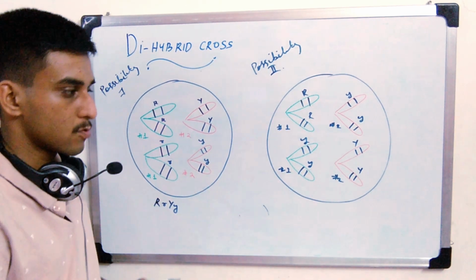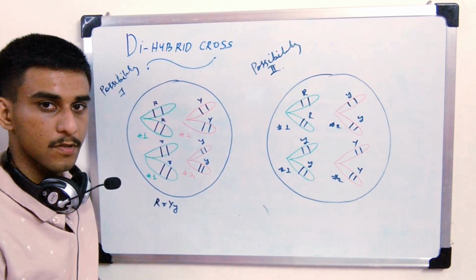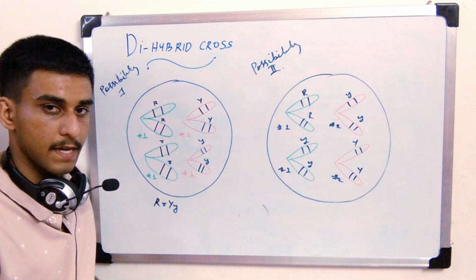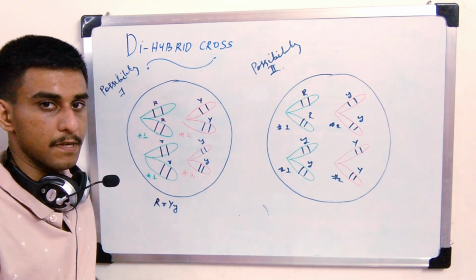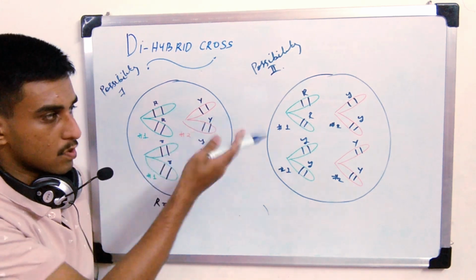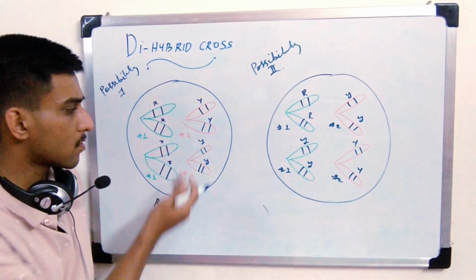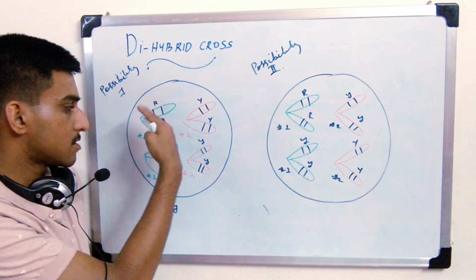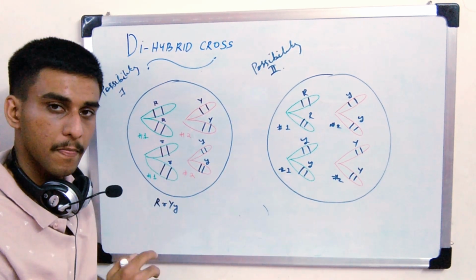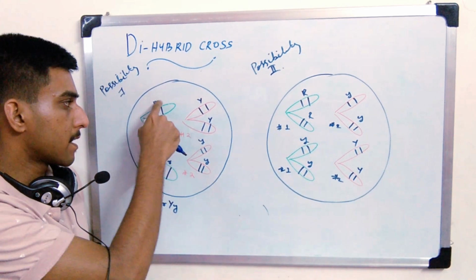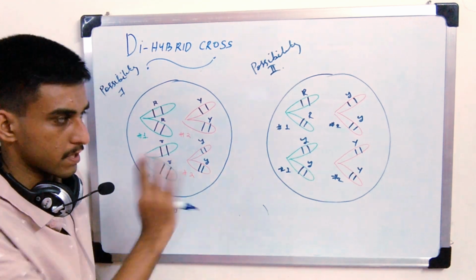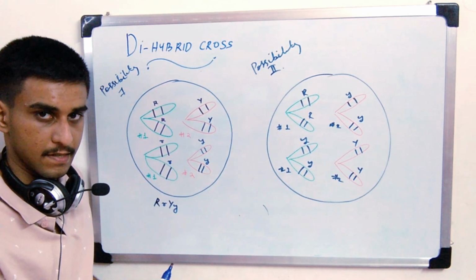So there arise two different possibilities, but their genotype will be the same, right? Capital R, small r, capital Y and small y. We can also change this, but there is no use, because it will be the same as the previous one. So there are only two different chances.